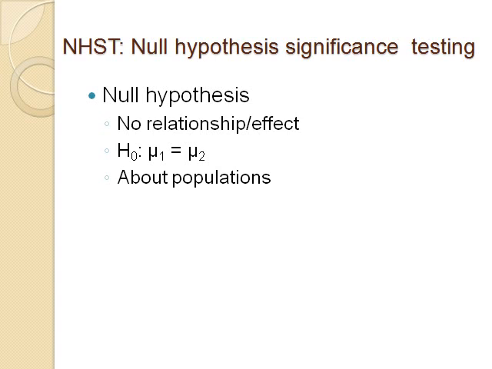And notice the notation is mu, not x bar. So hypothesis testing is about populations. We make these hypotheses about populations, but we test samples, and all our statistics look at statistics, not parameters.